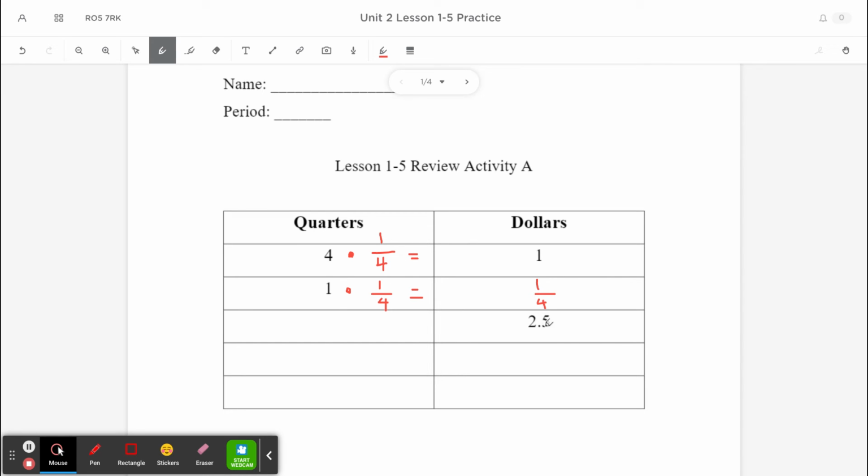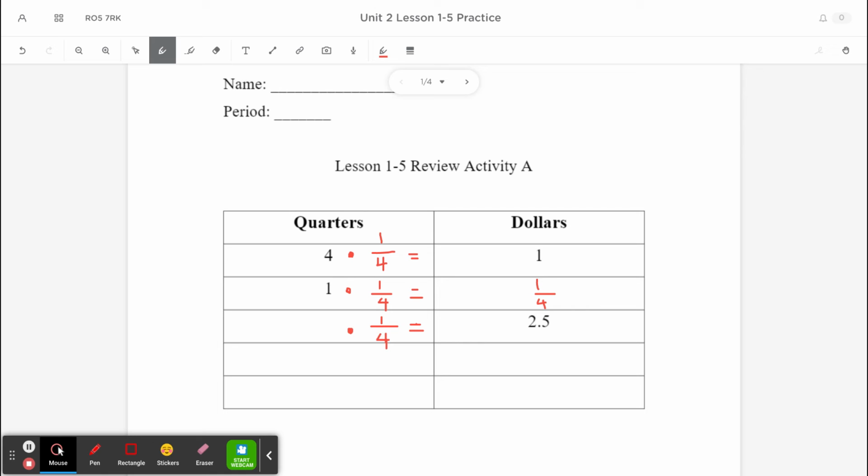Now, if we're talking about $2.50, we know that some mystery number multiplied by 1/4 is equal to $2.50. Now, of course, we're using a fraction and a decimal together, but that's okay because whatever mystery number of quarters we have here multiplied by 1/4 is going to tell us how many dollars we have, 2.5.